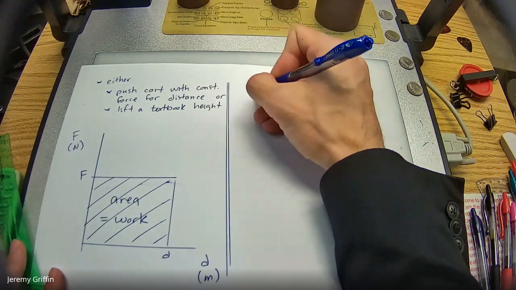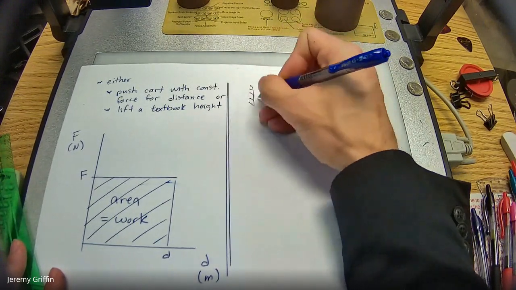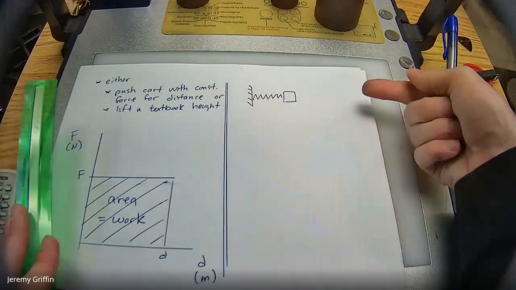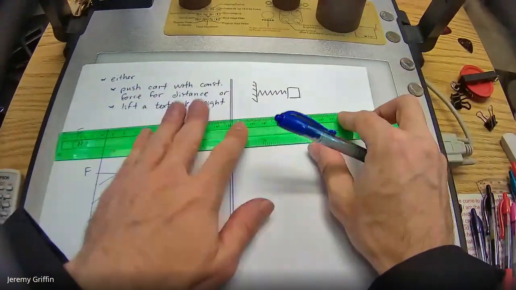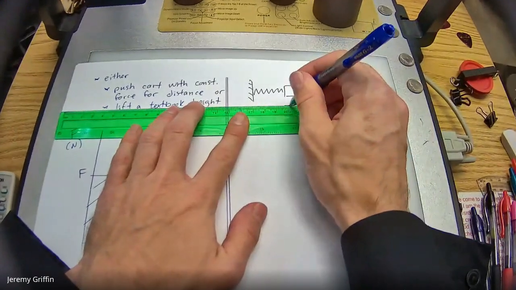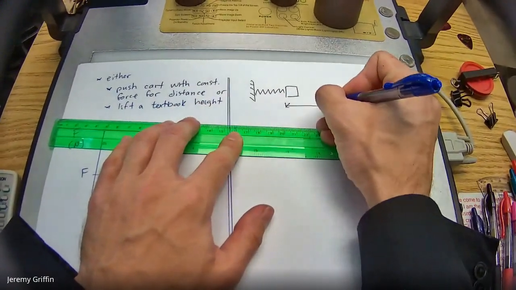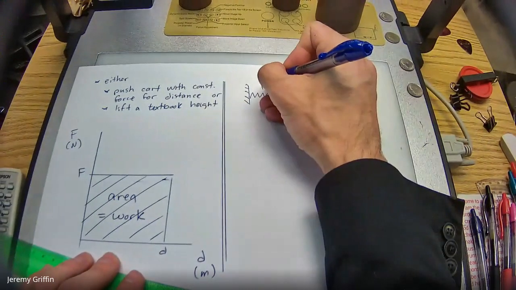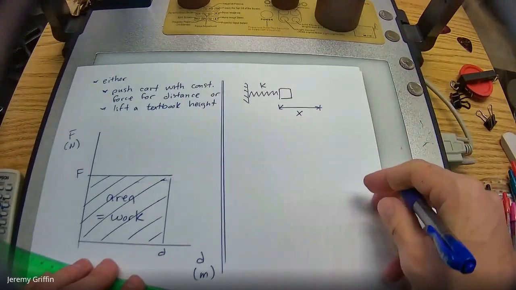Okay? Let's go back to springs. Suppose you've got a block and you compress it into a spring. And as a result, you compress the spring some amount, I'll call x, and the spring has some stiffness, some spring constant, I'll call k.